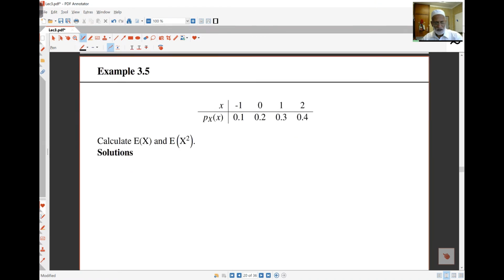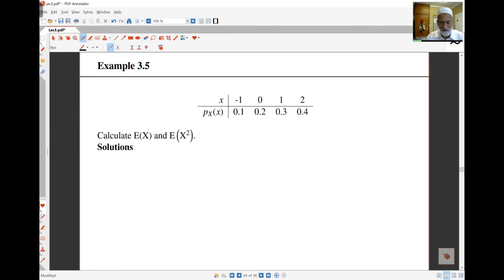The example here, I've got my random variable x with the values and probabilities. I want E of x and E of x squared.